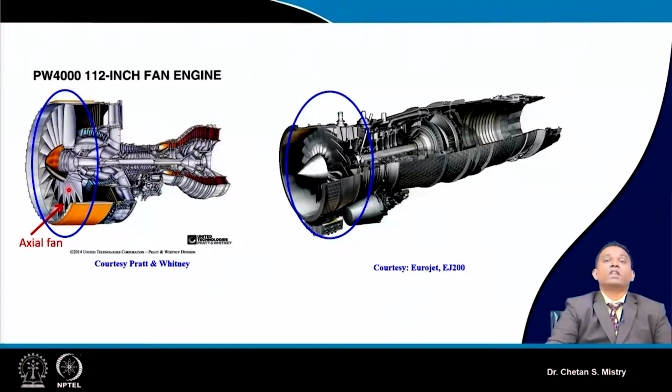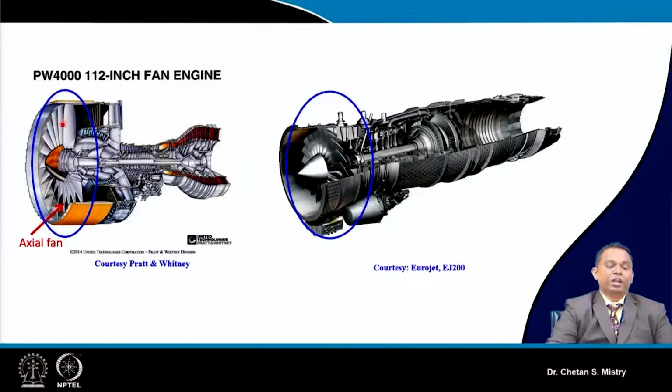When the diameter is larger, the flow is prone to be supersonic near the tip region, and in the remaining region, up to say 70% or 60% of my span, my flow will be subsonic.